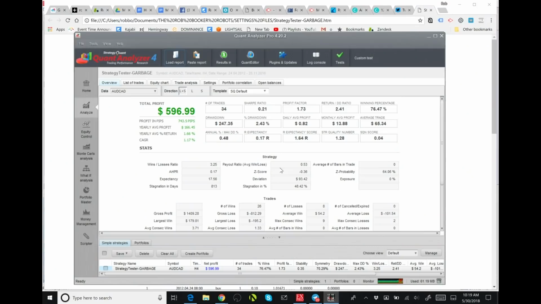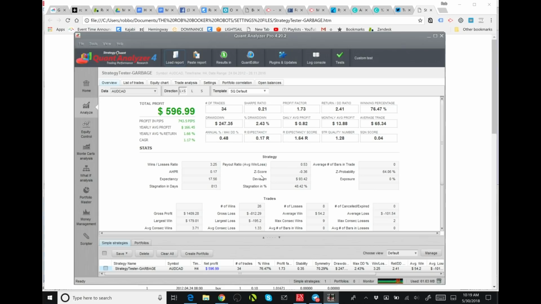That's garbage. Let's save this as a report. Strategy tester / garbage. Can't even spell garbage right. Go over to the Quant Analyzer Pro and just load this stupid report. All right, here we go.